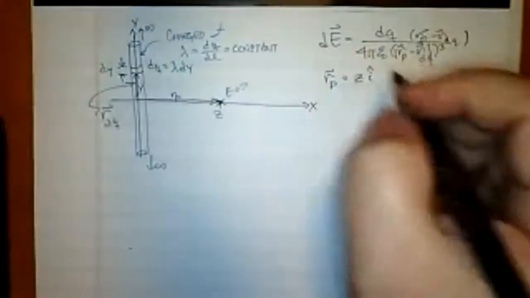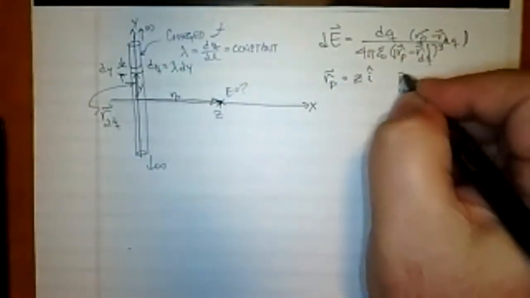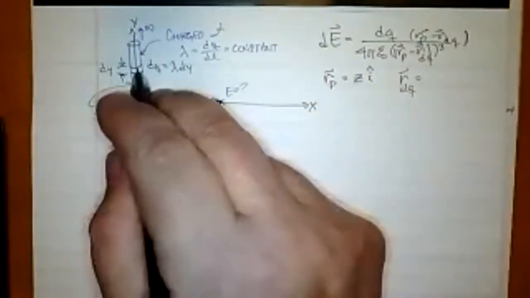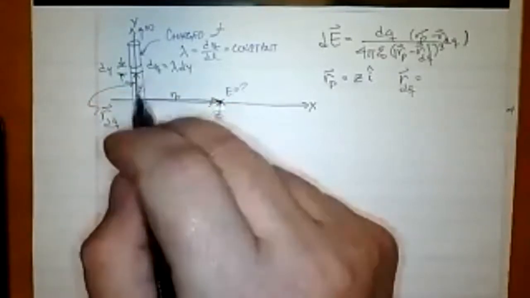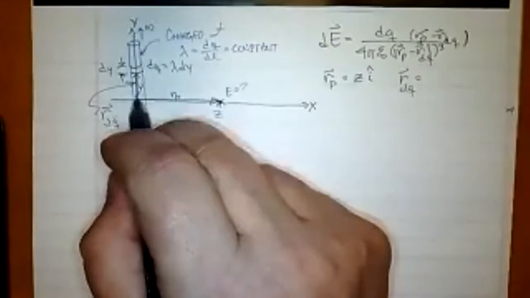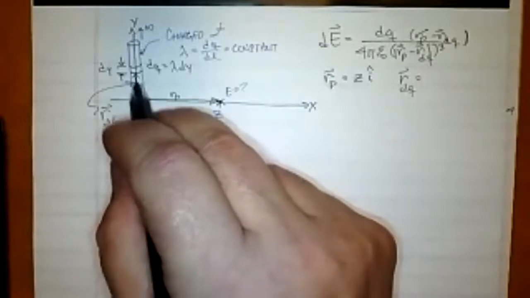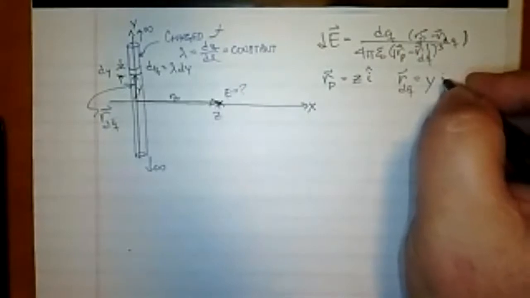So anybody want to tell me what r dq is? Anybody know the length for that particular point in time? It'd be dy. That's the actual size of dq. Oh, okay. But the vector that goes from the origin to that dq is just y, right? You see its length is just y, and it points along the y-axis. So I'm going to call that y j hat.